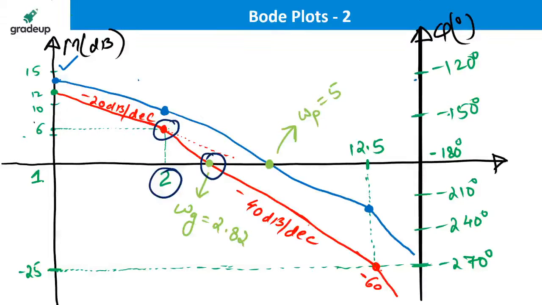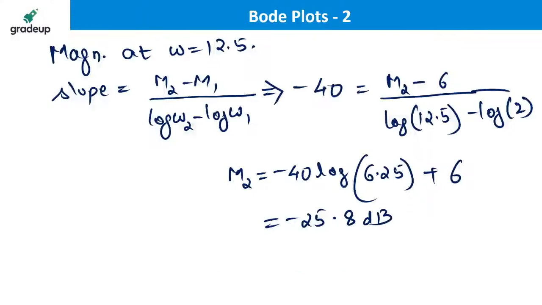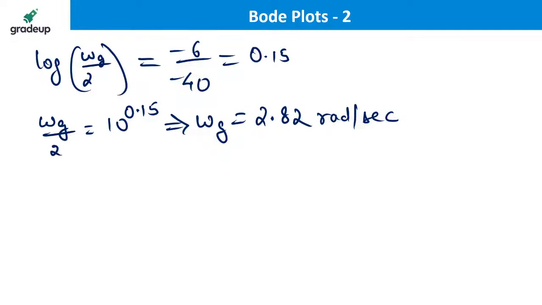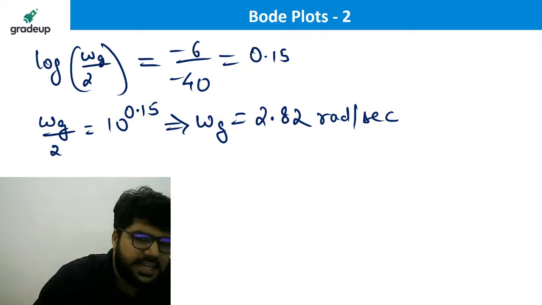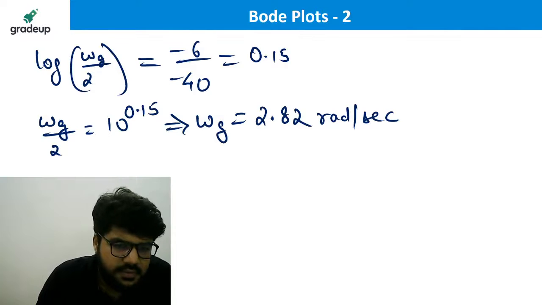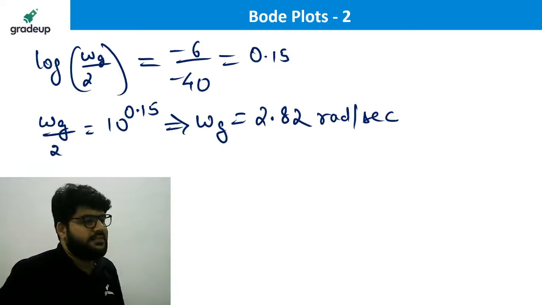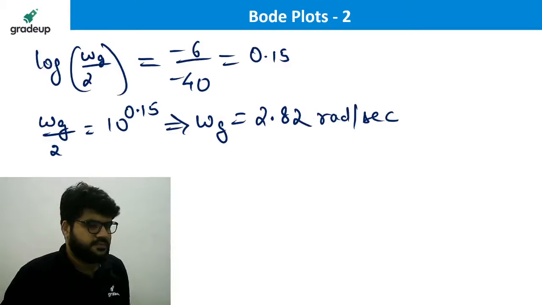Okay, we shall also go for gain margin and phase margin with this question. But guys, can you tell me for this question, looking into this much, whether the system is stable or unstable? Can you comment on stability?